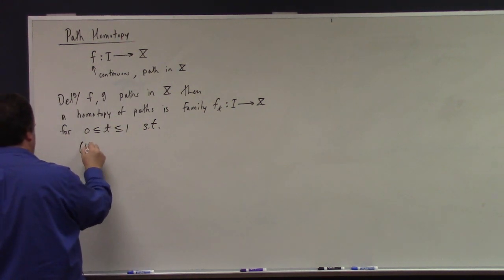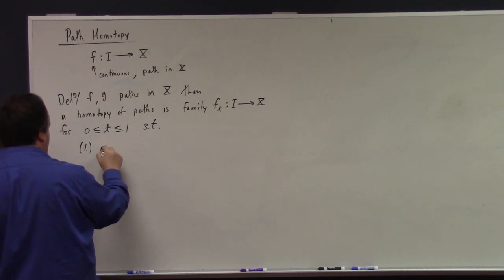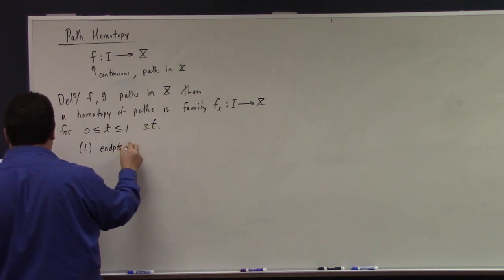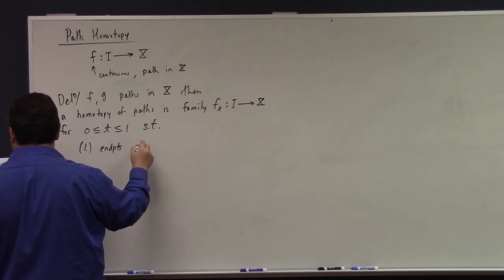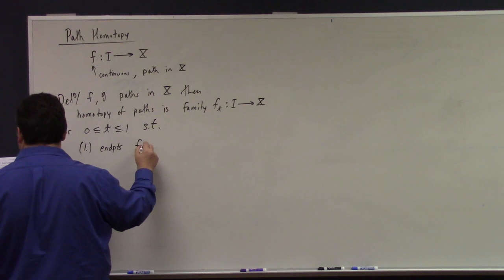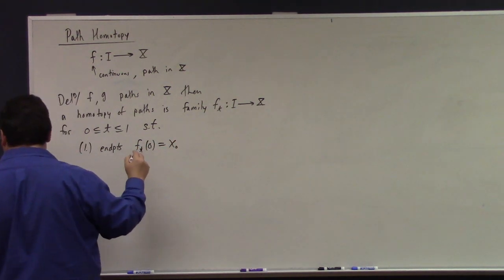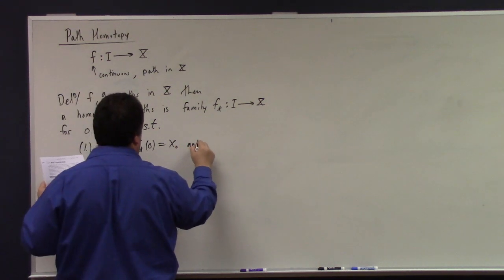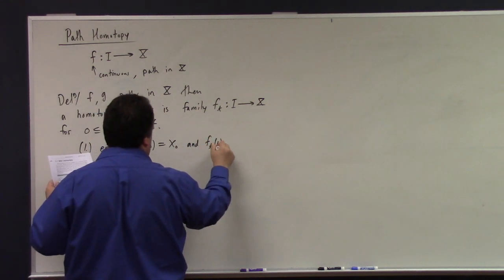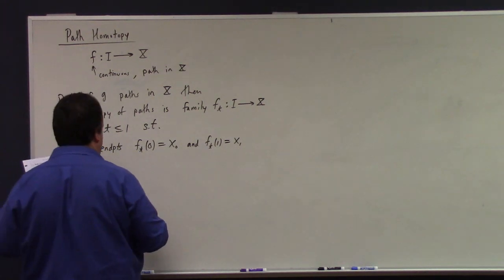Number 1, the endpoints: we have f sub t of 0 equals x naught, and f sub t of 1 is equal to x1 for all t.